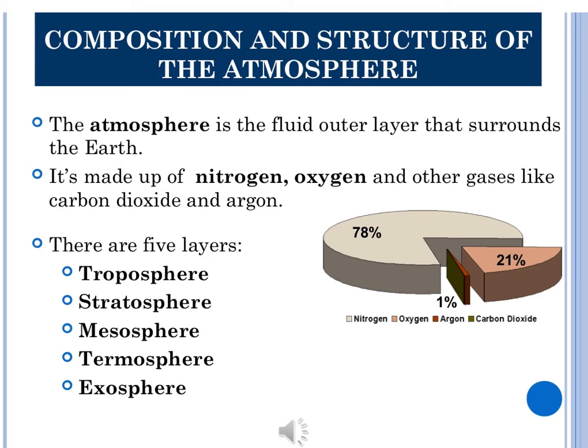This outer layer is made up of gases. There is nothing in it apart from gases, and that's why we are saying that it's made up of nitrogen, oxygen, and other gases such as carbon dioxide.